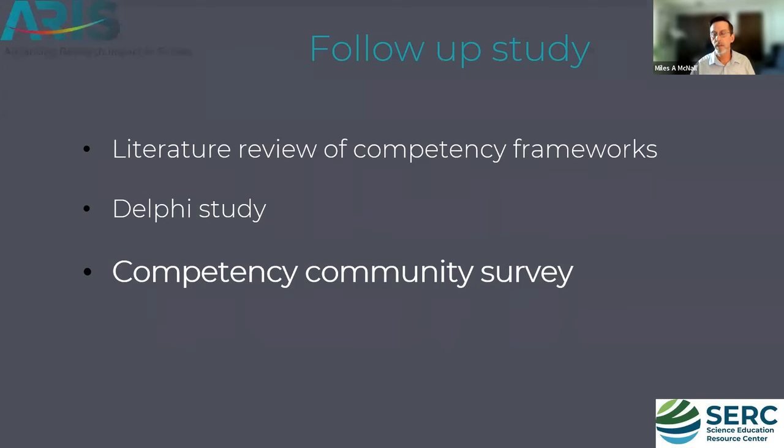But the process of arriving at a final empirically derived set of competencies is not done yet. So 65 is an awful lot, and it's in some ways not practical for assessment or training purposes.